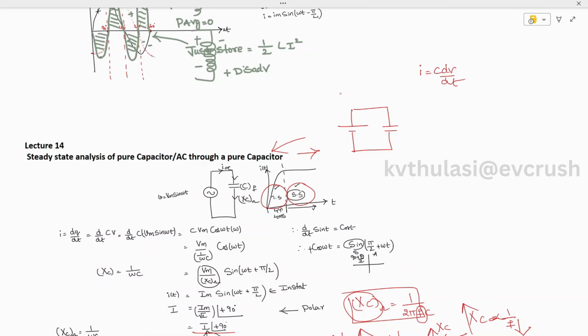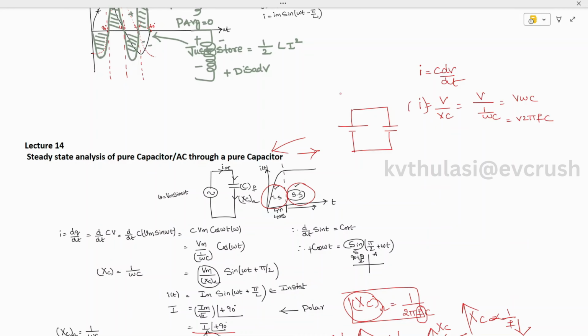Or let's take the basic formula I is equal to V by XC. V by XC can be written as V by 1 by omega C. This can be written as V into omega C, which is V into 2 pi f C.